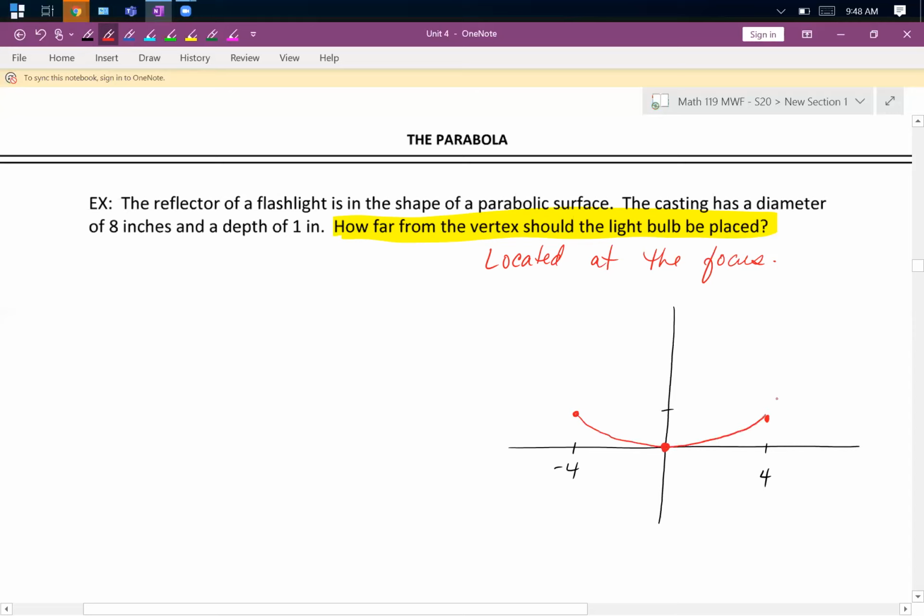So it looks something like that. So we have the point -4, 1 and the point 4, 1, and this here is our vertex equal to the origin. Any questions on anything I've done so far?